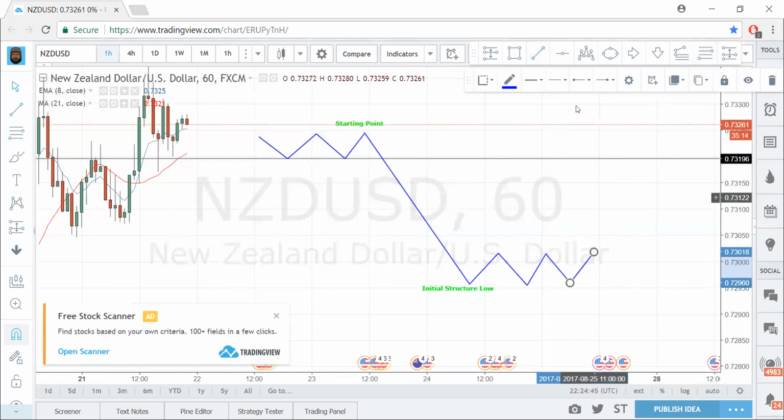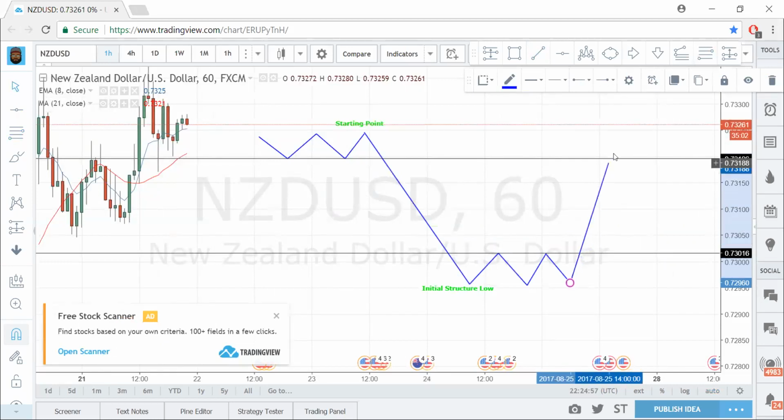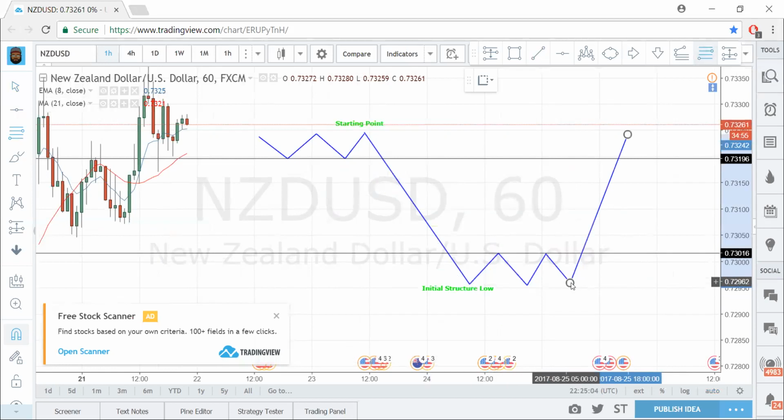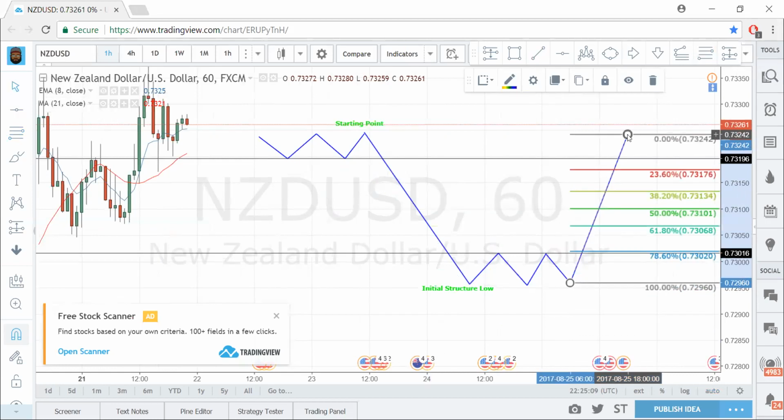In cases like this, the market decides to go up, right? But we don't know where the market is going to. So let's say the market gives an impulse leg going up. How do you measure this with Fibonacci? The same rule. Swing low, swing high, right? The market is going to come all the way to where? 23, 38, 50, or so on.